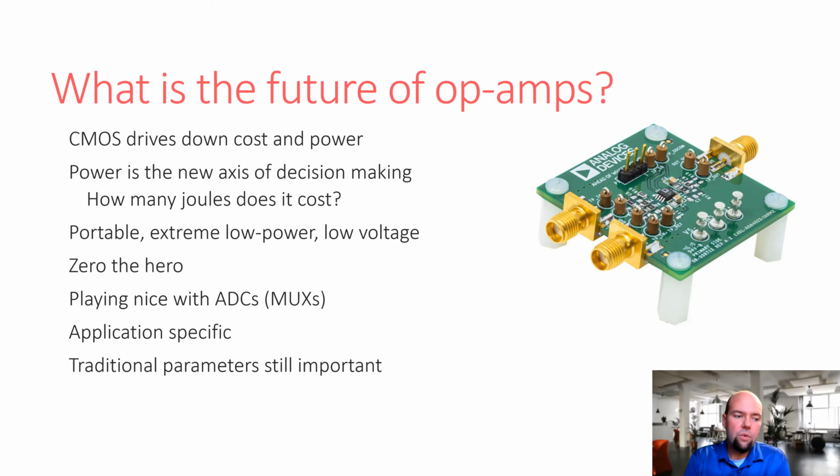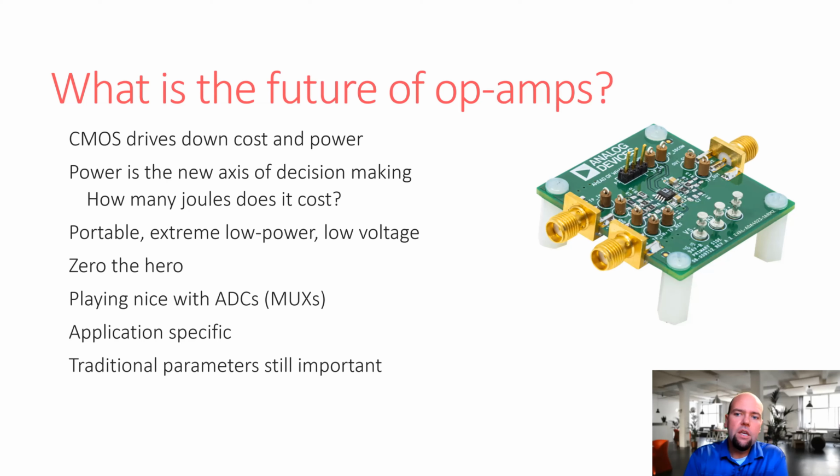And so one of the new axes of design, especially when it comes to portable electronics and wearable electronics, is power. People start looking at problems in terms of how many joules it's going to cost to do this measurement. What's the price in joules of determining the blood oxygen concentration of somebody once? Then you can make other decisions about how many times we do the measurement, or how many times we need it to be clinically significant.